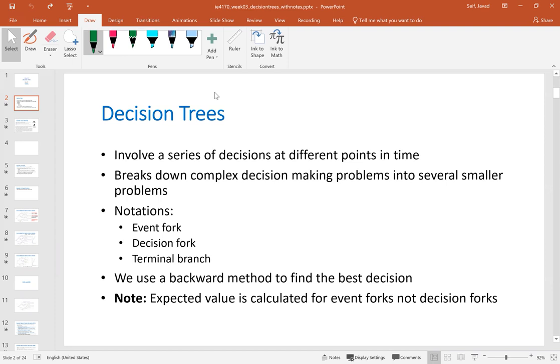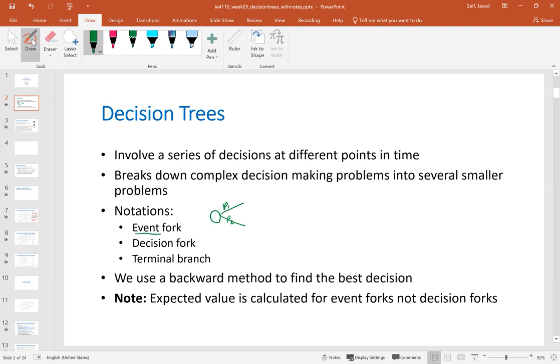All right, so let's learn some notations that we're going to use a lot for decision trees. The first one we call event fork. For an event fork, we use a circle and there are some events coming out of it. And then we put probabilities on these, P1, P2, and we want the sum of all of these probabilities to be equal to 1. Events are things that happen, just like states of the world that we had in decision criteria.